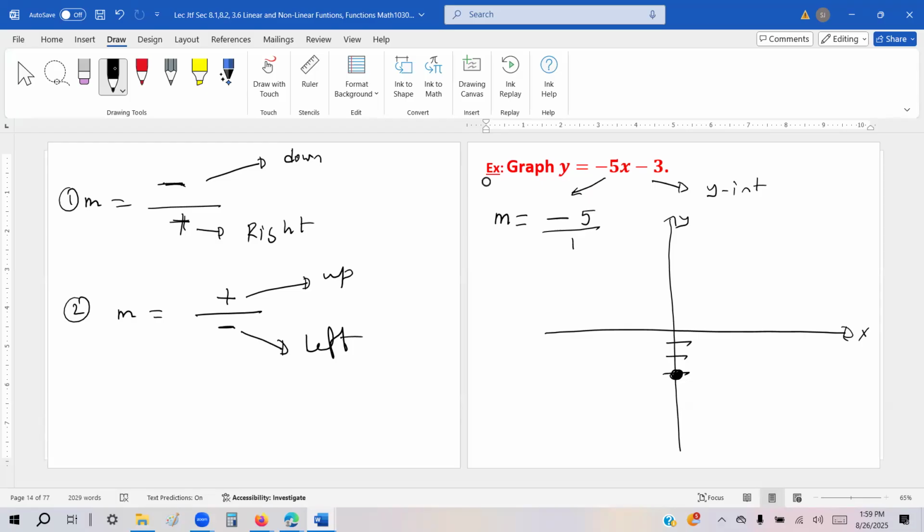So which direction are we moving? Down 5, and then right 1. So from the y-intercept, 1 down, 2 down, 3 down, 4 down, 5 down, you go 5 units down, and from that down point, you go 1 unit right.